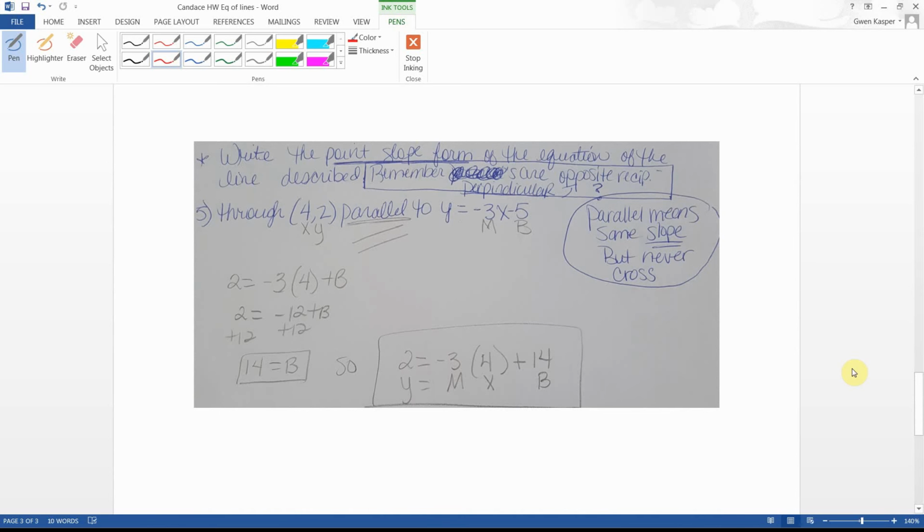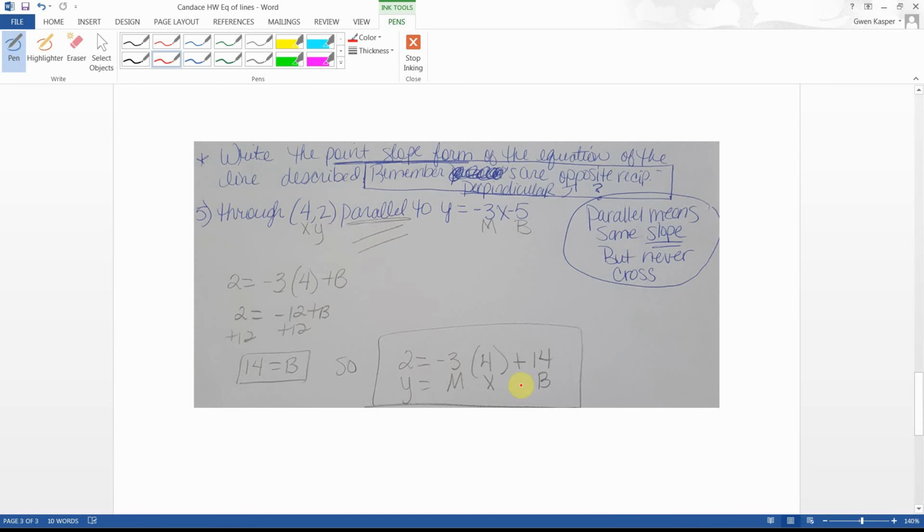Okay, write the point-slope form of the equation of the line described. And perpendicular slopes are opposite reciprocals, and parallel slopes are the same. Good. So let's see how you did. B equals 14.